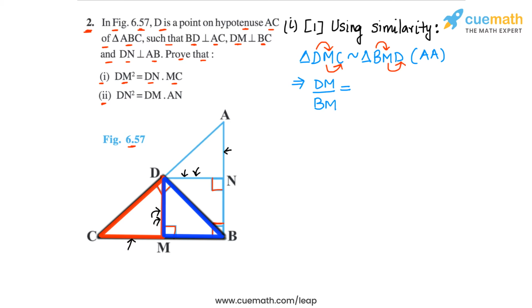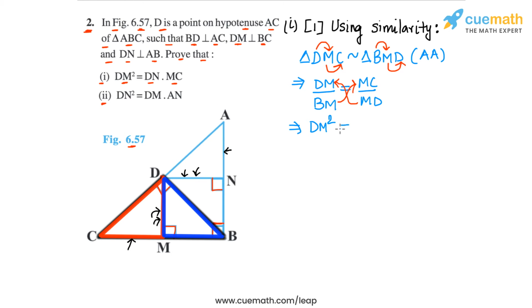Now we cross multiply. MD goes to the left side, so DM into MD. MD is the same as DM, so on the left side we write DM square, and on the right side we have BM into MC.